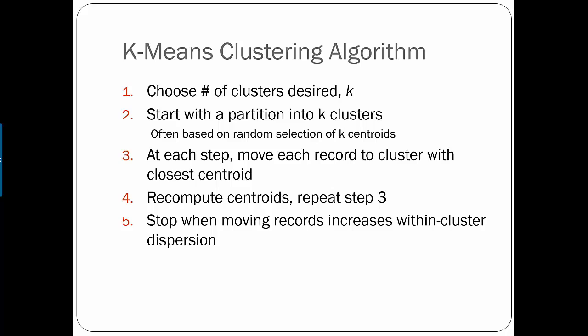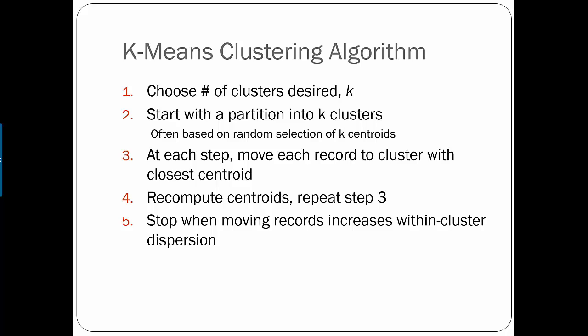Then whichever is the closest, you assign the record to that. If it is the same cluster as it is already assigned, then you don't have to change anything. But if it is closer to a different centroid, then you move the observation to that cluster. And you do this for each record in every cluster.